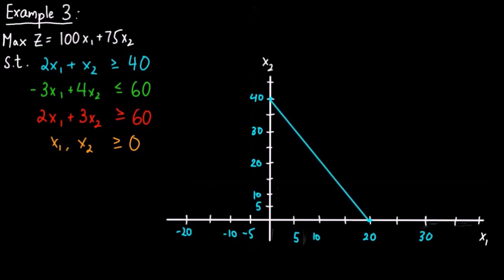Moving on to our second constraint, we have intercepts at (-20, 0) and (0, 15). And our third constraint, we have intercepts at (0, 20) and (30, 0).